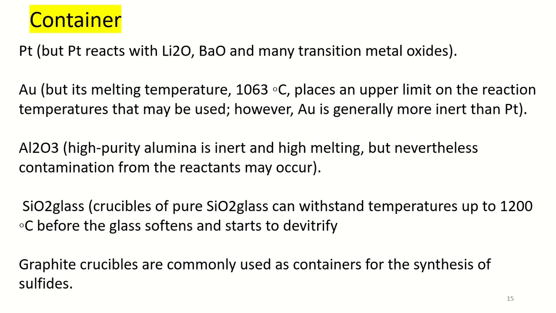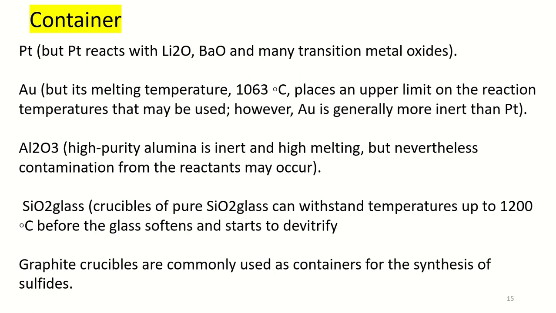The fifth one is the graphite crucibles, which are commonly used as containers for the synthesis of sulfides, other chalcogenides, and nitrides.